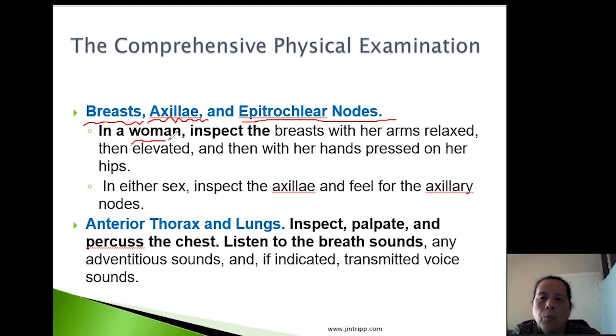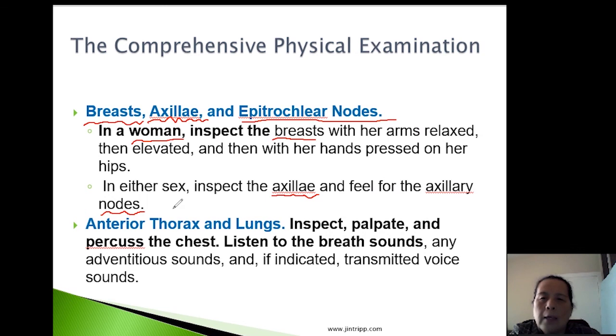Especially for women, checking the breast tissue. And then we check the axillary area. When checking the axillary area, we're looking for nodules under it.